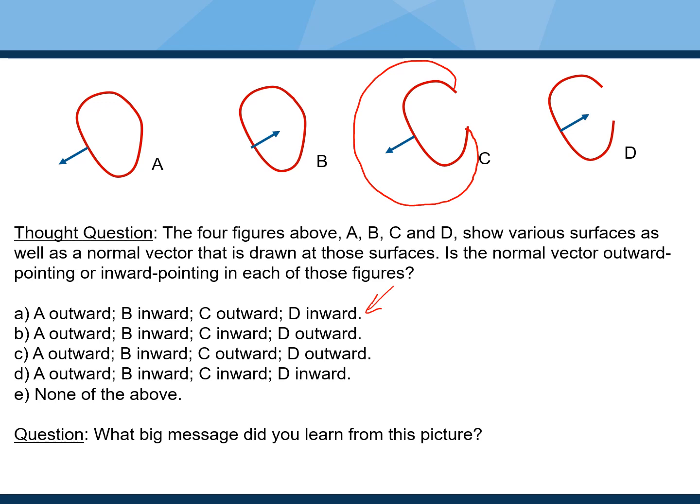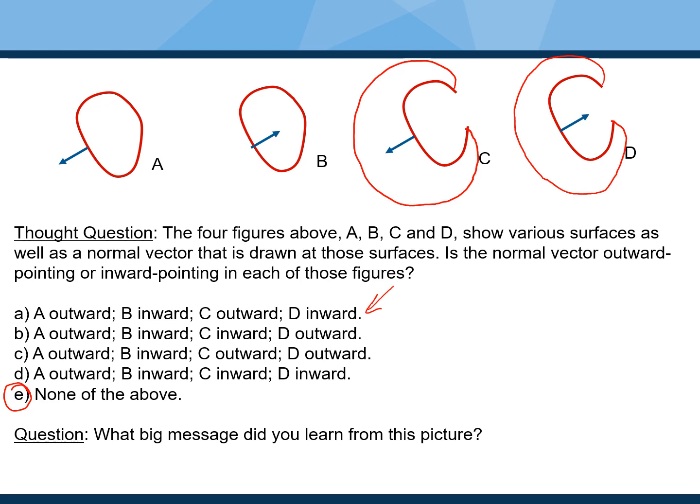So this tells us that for surfaces that are not closed, we cannot identify an inward or outward pointing normal vector. Likewise, here too, notice that I could close the surface this way and throw your intuition for a loop, because now the unit normal becomes outward pointing rather than inward pointing. So this tells us that this is the right answer.